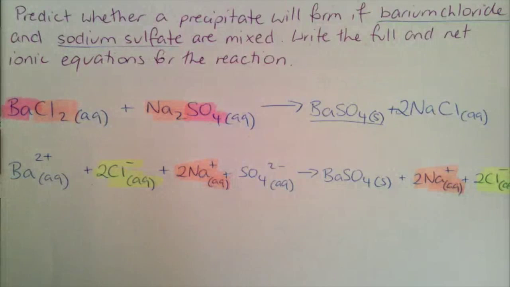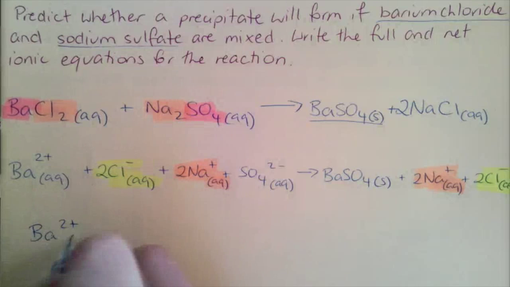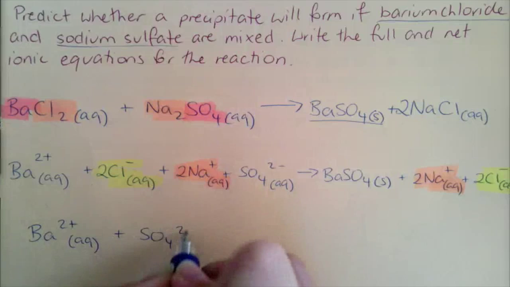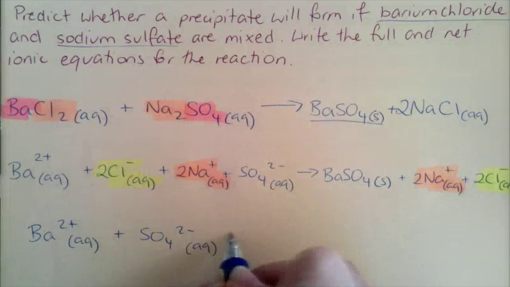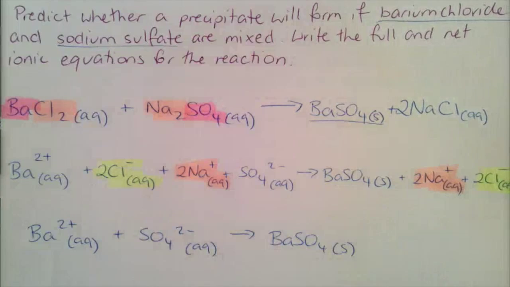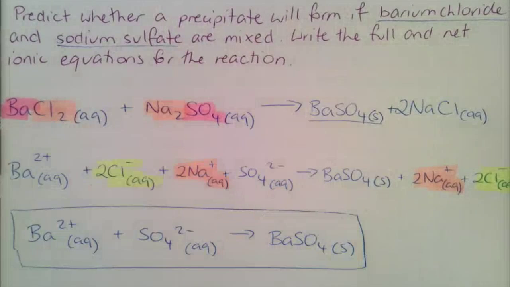So that means our net ionic equation is our barium ion collides with our sulfate ion to create the insoluble solid barium sulfate. And this here is your net ionic equation for that reaction.